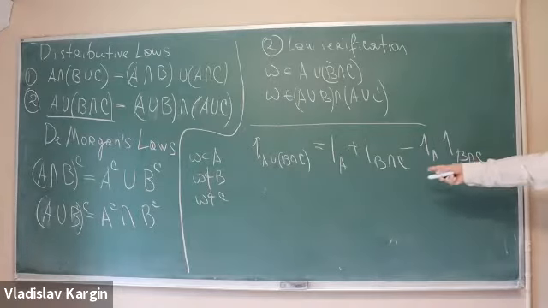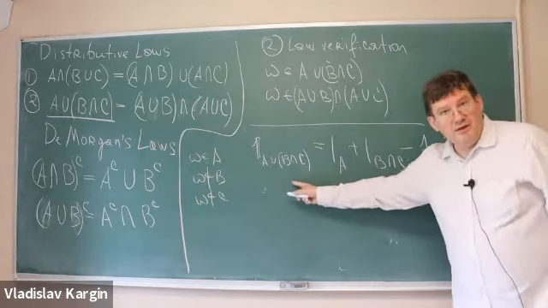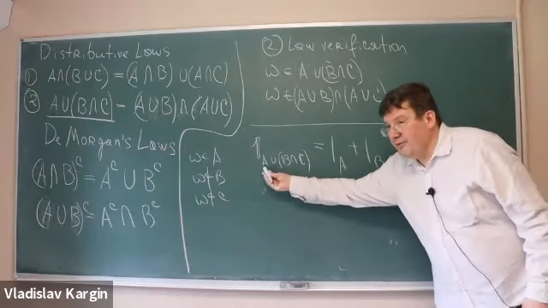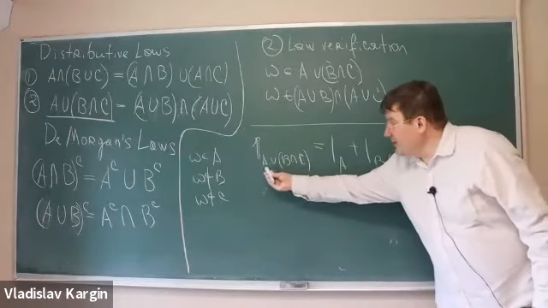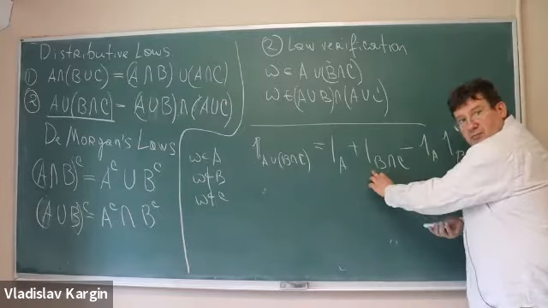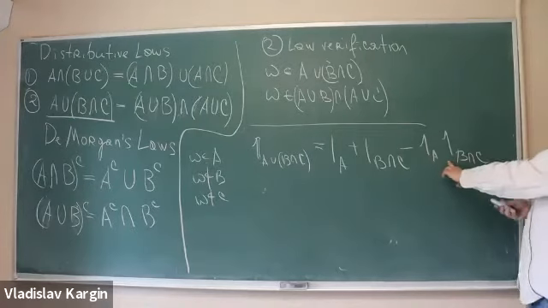So we just write the union as an operation on the indicator functions of A and B intersect C: the sum of these minus the product of these two.